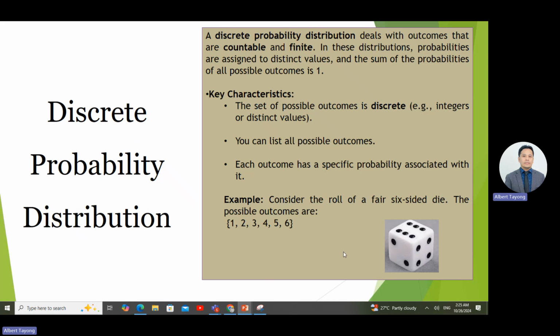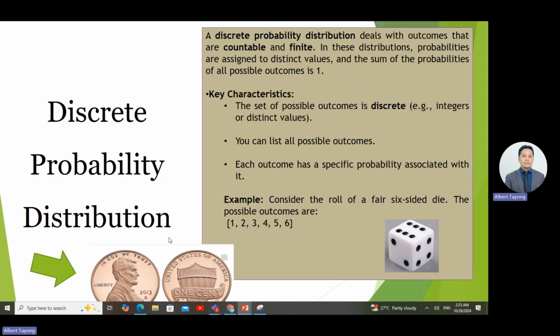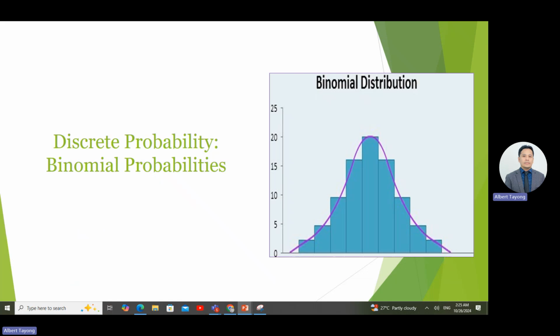So the possible outcomes are 1, 2, 3, 4, 5, and 6. So it's finite, and we can count all the possible outcomes. That is the meaning of discrete probability distribution. Another example, of course, is throwing a coin where we have two possible outcomes. Either it is a head or a tail, right? So that is basically what a discrete probability distribution is.